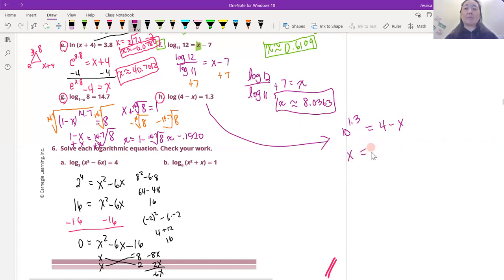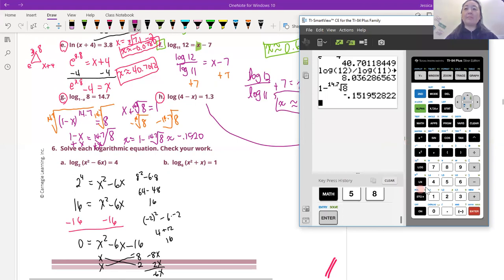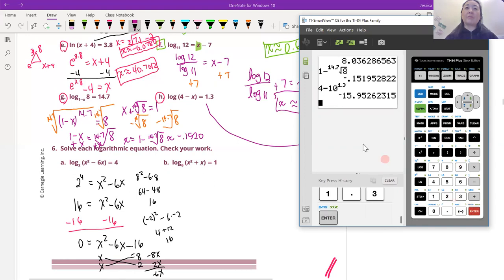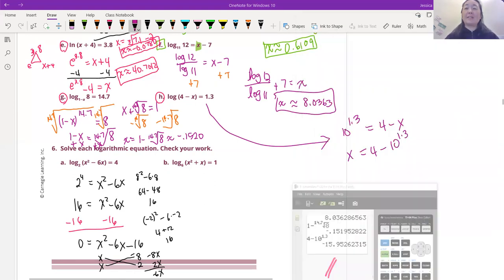So x is equal to 4 minus 10 to the 1.3, whatever that is. All right, so let's try that out. 4 minus 10 to the 1.3, which is going to be negative 15.9526.